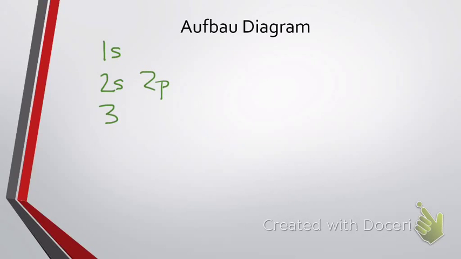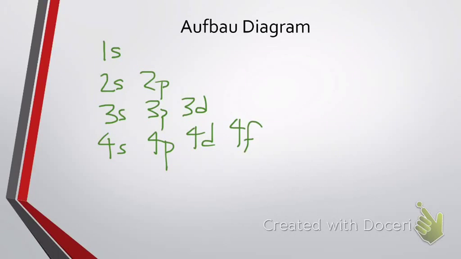But on the third energy level, it can go 3s, 3p, and 3d, because of the number of options with respect to m sub l, the angular momentum quantum number. I'm sorry, the magnetic spin quantum number. No, I messed it up again. The magnetic quantum number. I'll get it right. It's m sub l. Then 4s, 4p, 4d, and n equals 4 can go all the way up to f.